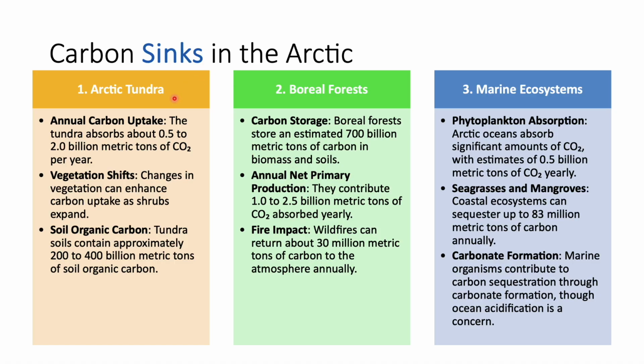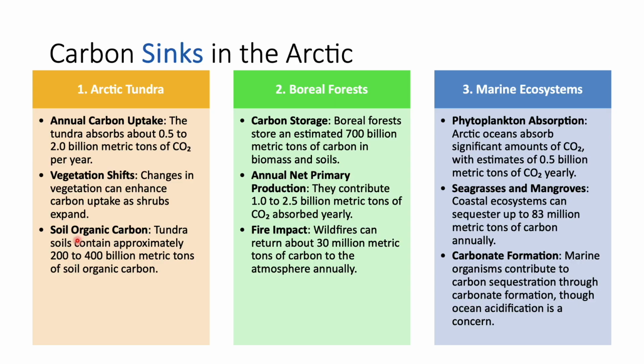When we look at the carbon sinks in the Arctic, the first one is the Arctic tundra. That means the plants are the main thing. They can take up around 0.5 to 2 billion metric tons of carbon dioxide per year. They use carbon dioxide for photosynthesis. And when there is a vegetation shift, this also increases the carbon uptake, because shrubs are expanding or getting converted to small trees.